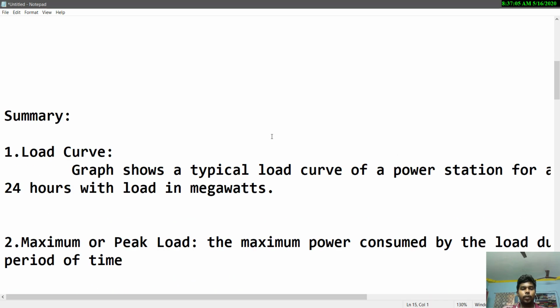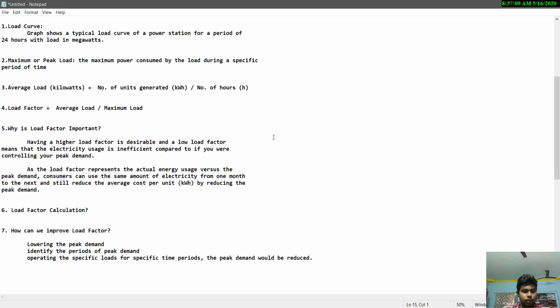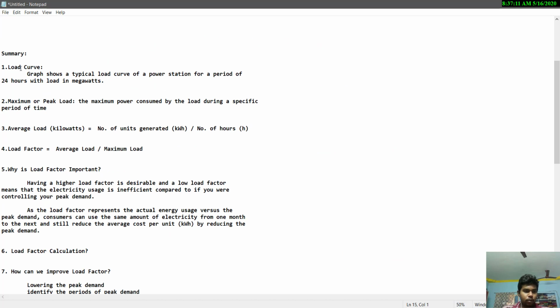Let us see a summary of our session. First of all, we have seen the load curve and its variation, the maximum demand and low average load, how we can calculate the average load, and how we can calculate the load factor, and why it is necessary to study load factor.